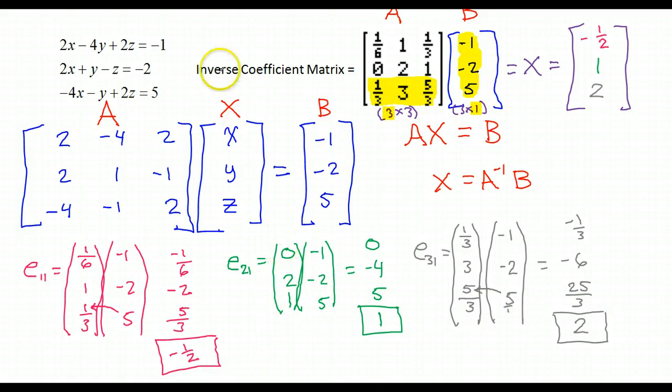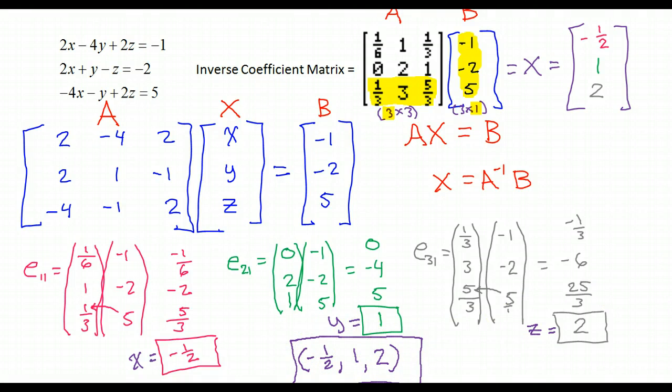So in other words, we know that X equals -1/2, and Y equals 1, and Z equals 2. And if we really wanted to, we could write that as an ordered triple by doing -1/2, comma 1, comma 2. We could write it that way.